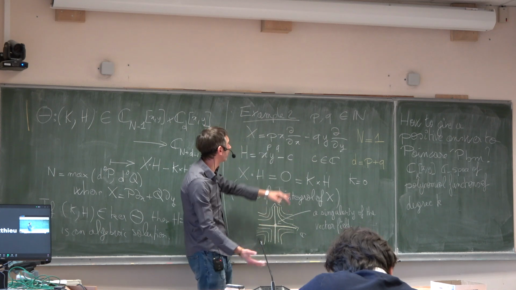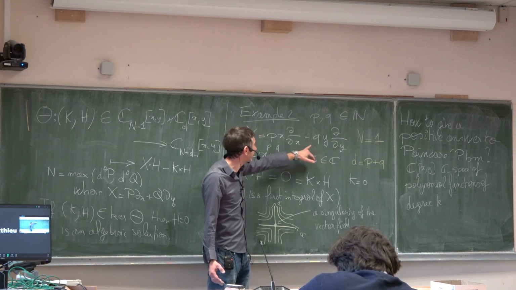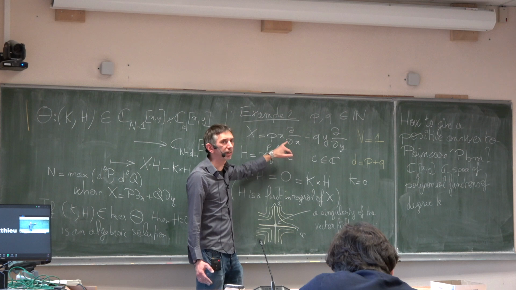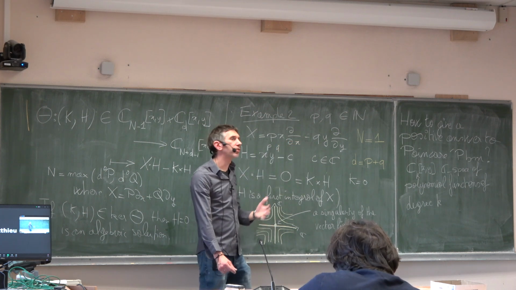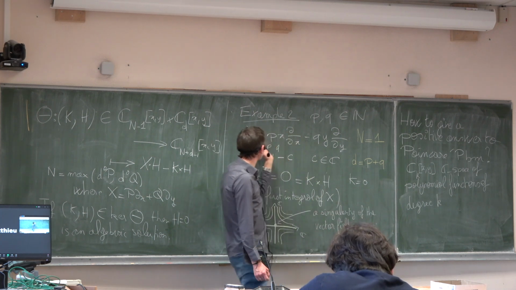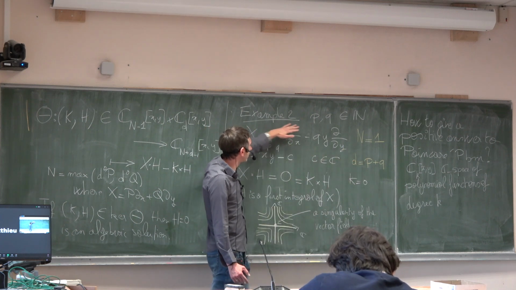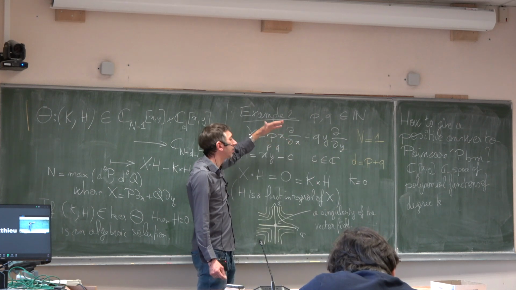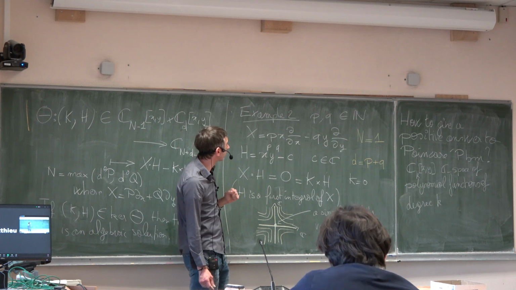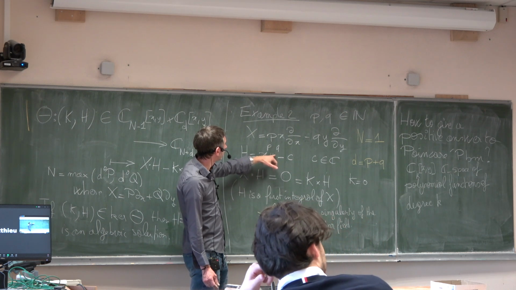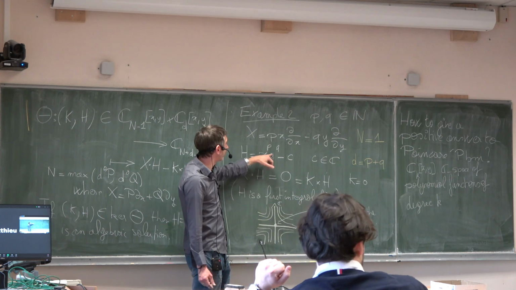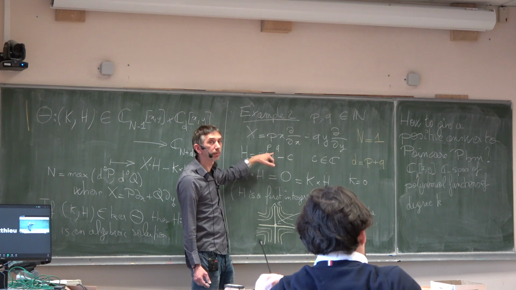I'm not going to explain what I mean by complexity. So it's not so surprising that if the degree stays equal to 1, but the complexity of the singularity is getting bigger and bigger, the degree of the algebraic solution is also getting bigger and bigger.